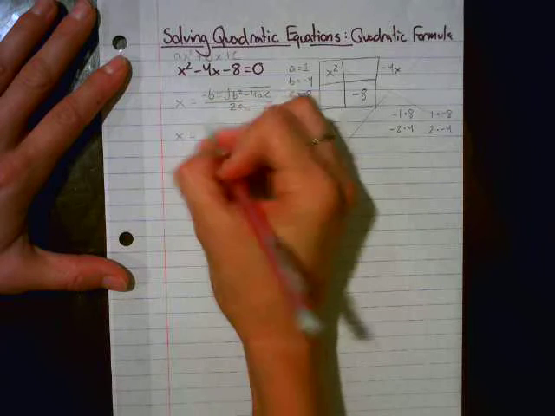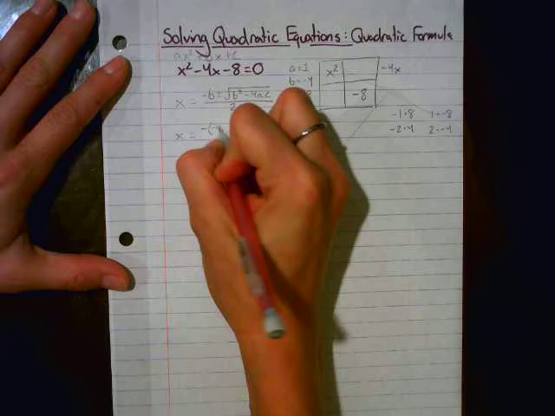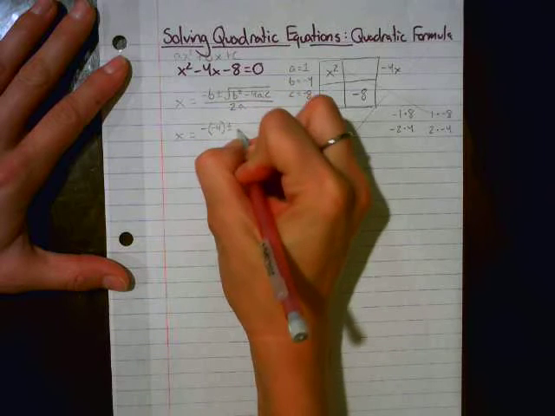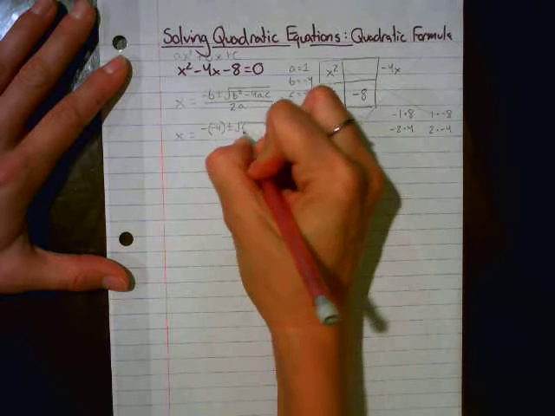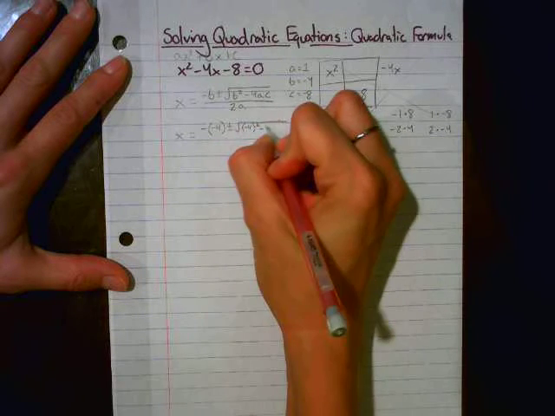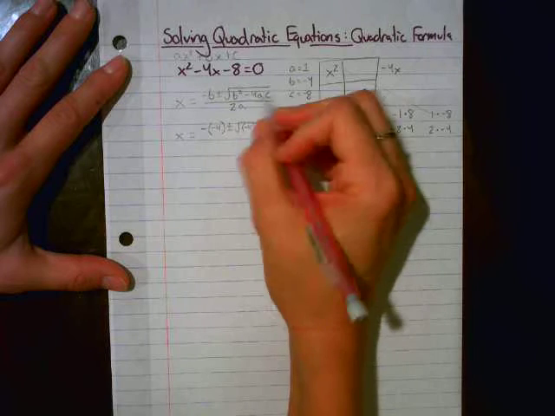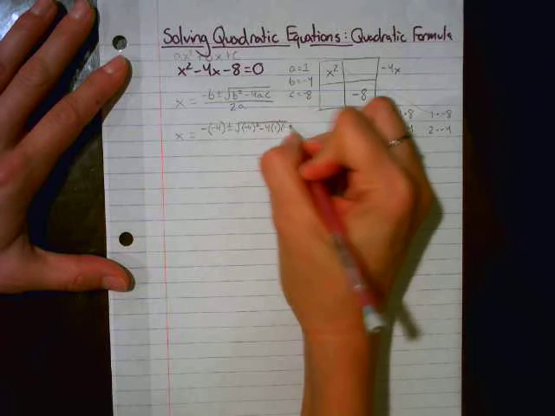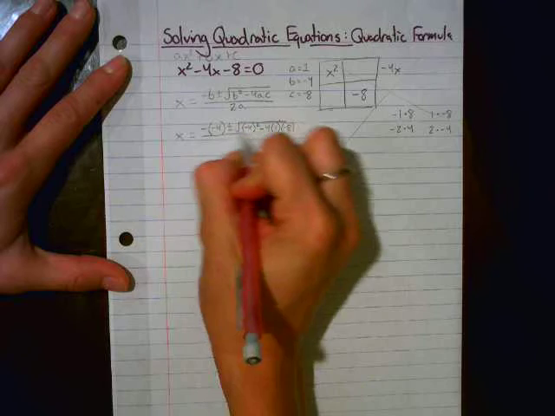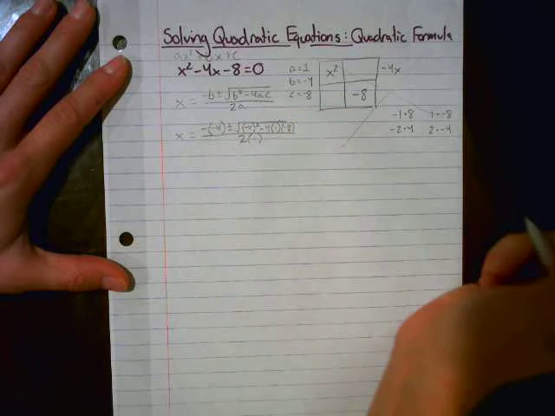x equals negative b, so negative 4, plus or minus the square root of negative 4 squared, because b squared, minus 4 times a, which is 1, times c, which is negative 8, all over 2 times a, which is 1.